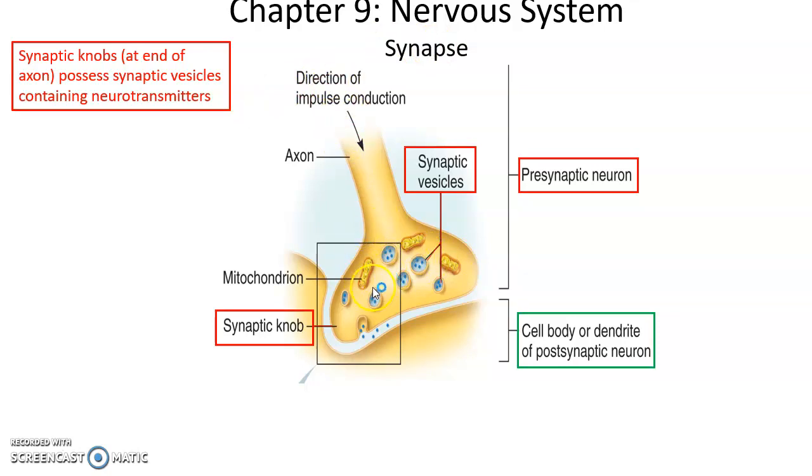The very end of the axon is the synaptic knob. Synaptic knob has many synaptic vesicles. And within these synaptic vesicles are neurotransmitters. The synaptic knobs at the end of axons possess the synaptic vesicles filled with neurotransmitters.